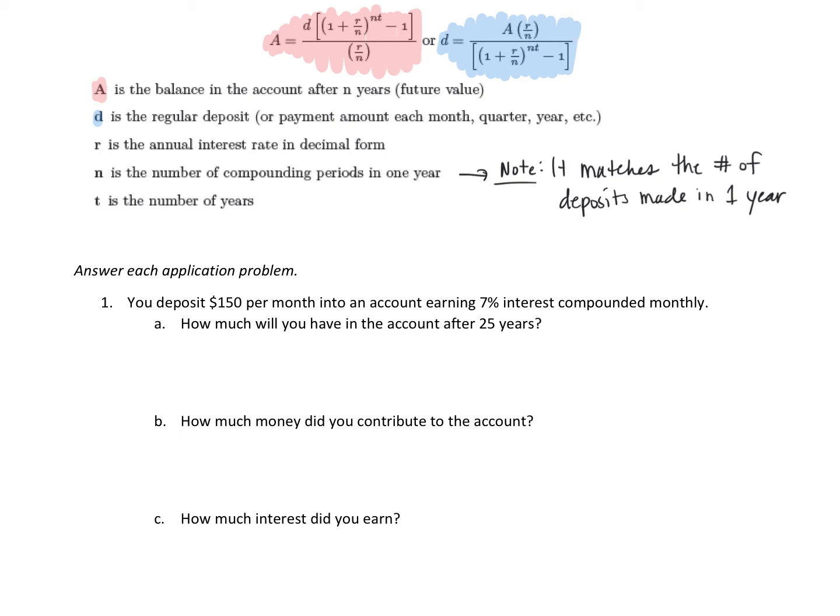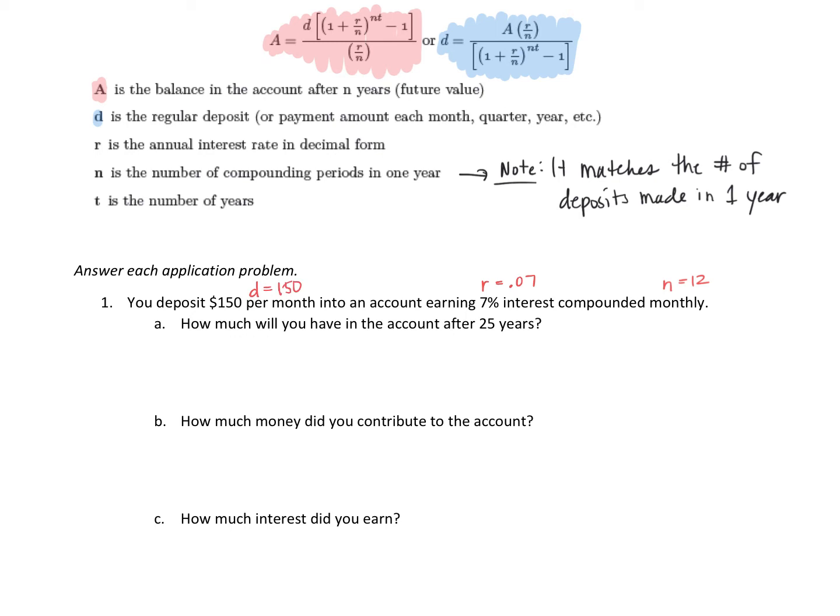Into an account earning 7% interest, compounded monthly. So R is going to be 0.07 as a decimal. Compounded monthly means N is going to be 12. D is your monthly payment, so that's going to be $150.